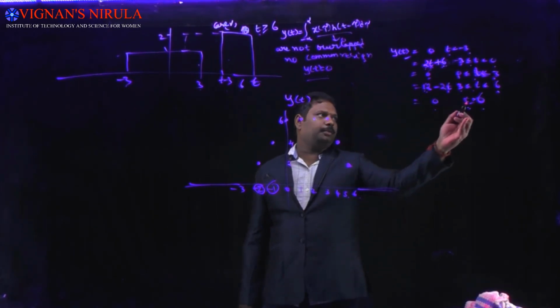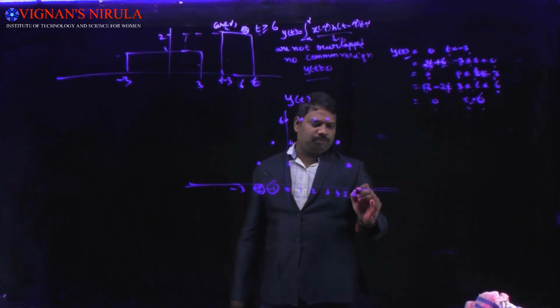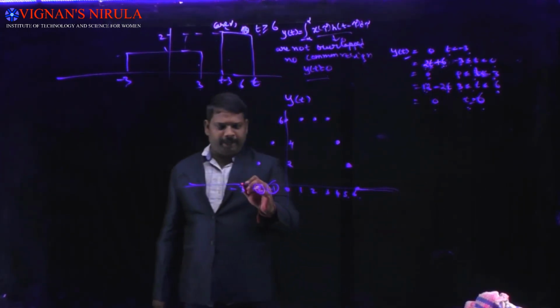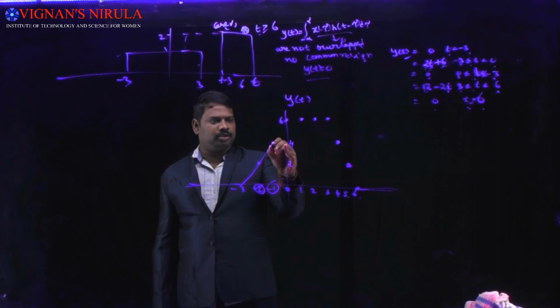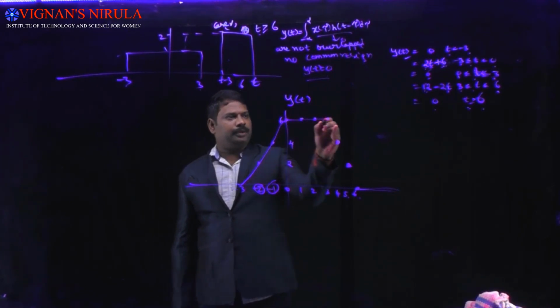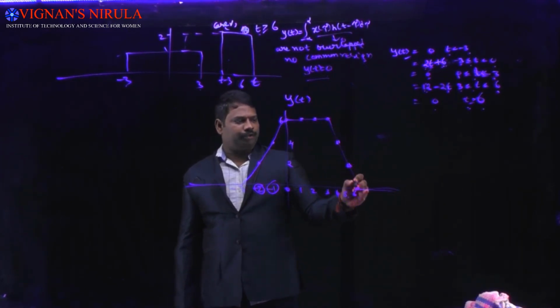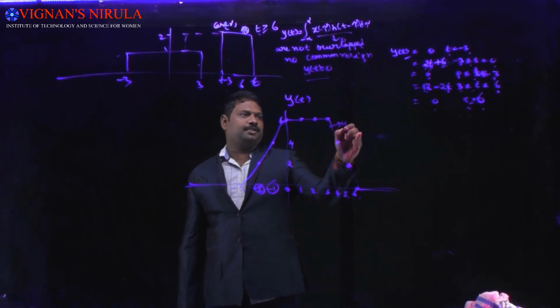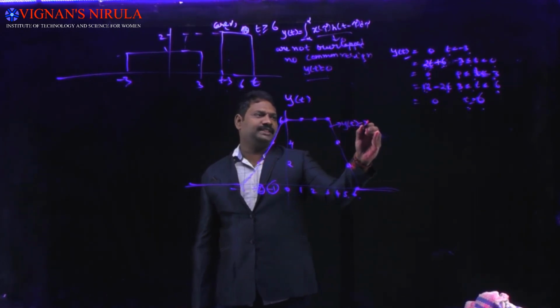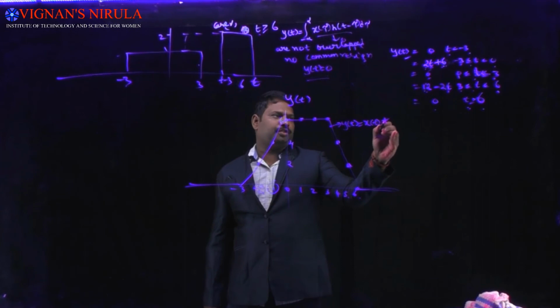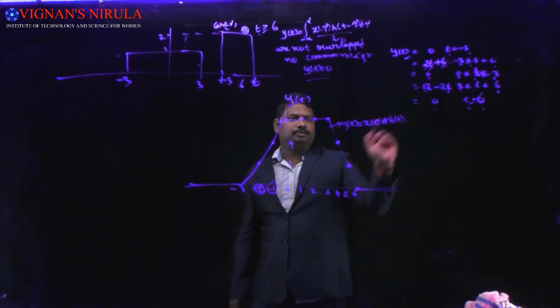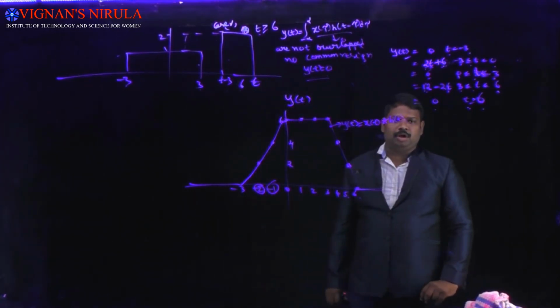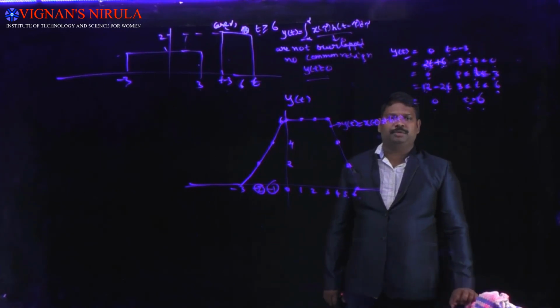Next when we put 6, it will be 0 directly. When we combine all these values, that will be the graph of our y of t. This is the y of t, the convolution output, that is x of t convolved with h of t. Okay, that's how we perform the convolution.